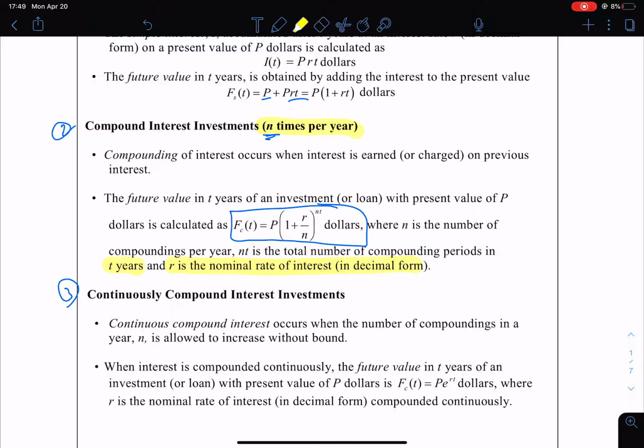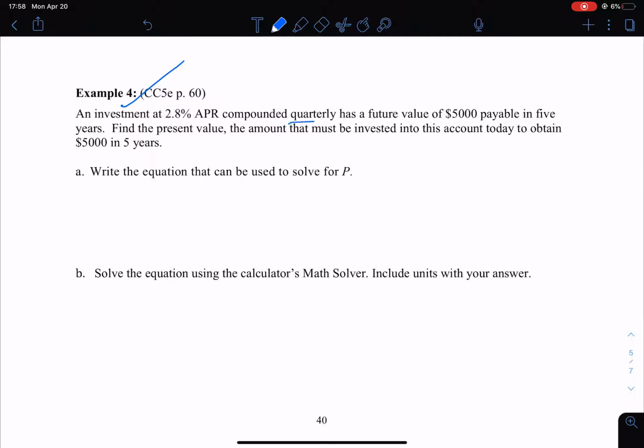So example 4, the keyword here is quarterly, which just means n equals 4. This is our r, which is 0.028, and n is 4.